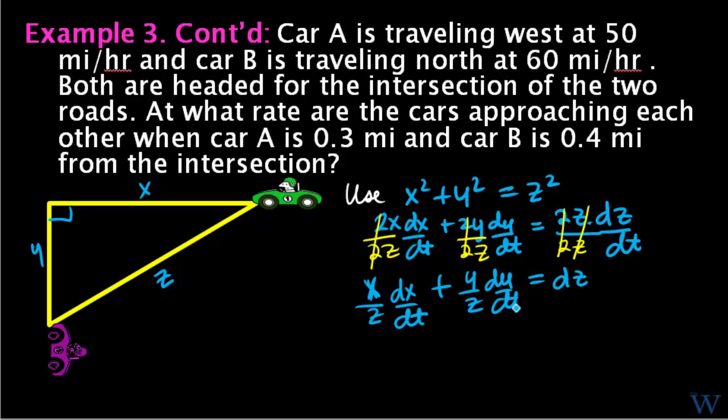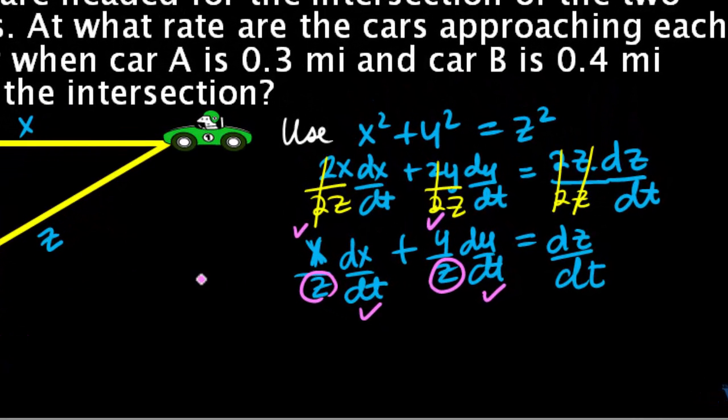Now, do we know all the information? Can we solve for dz by dt? This is given. That's given. That's given. We know what this is. So now we have to look for z. We can still use the Pythagorean theorem to solve for z.